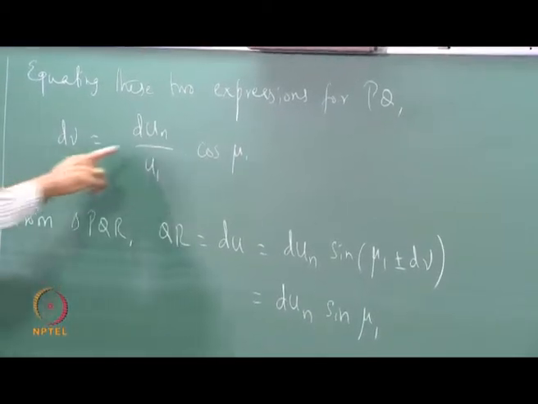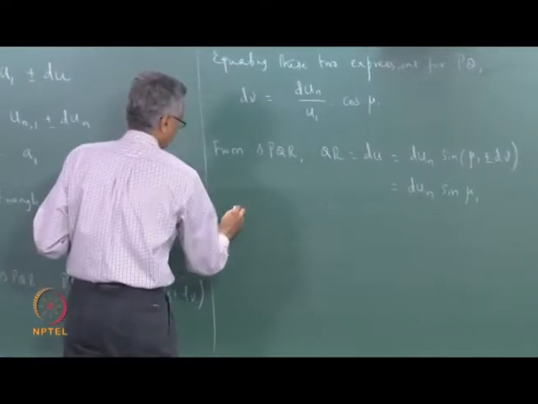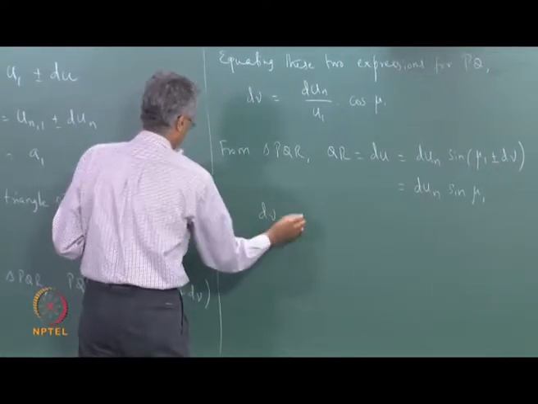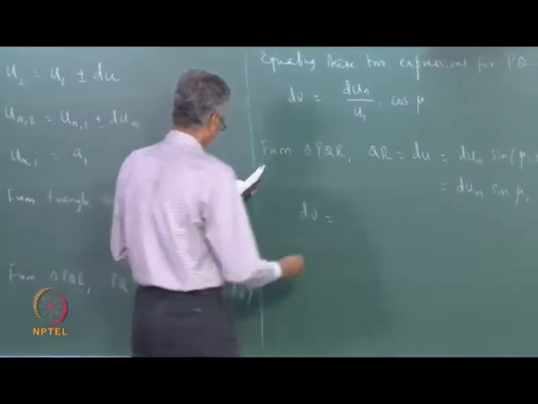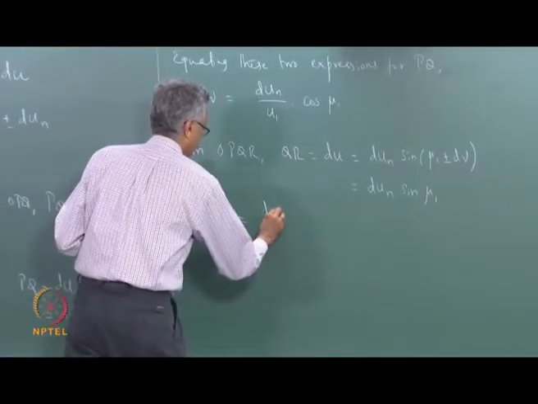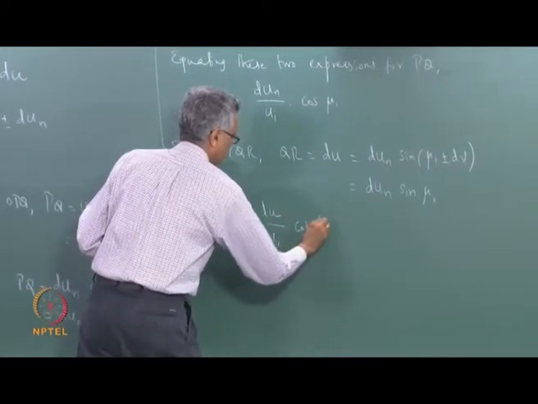So, I can replace the dun here in terms of du, and if I do that, I get d nu is equal to du over u1 times cotangent of mu1.